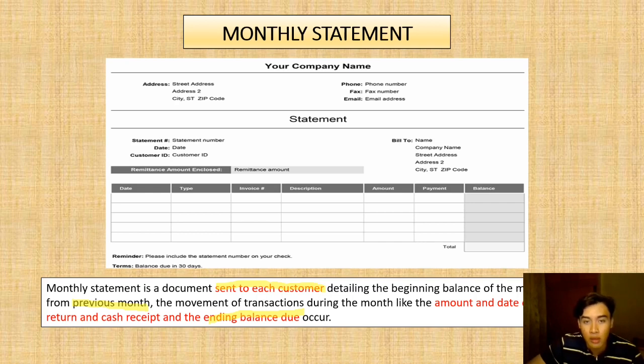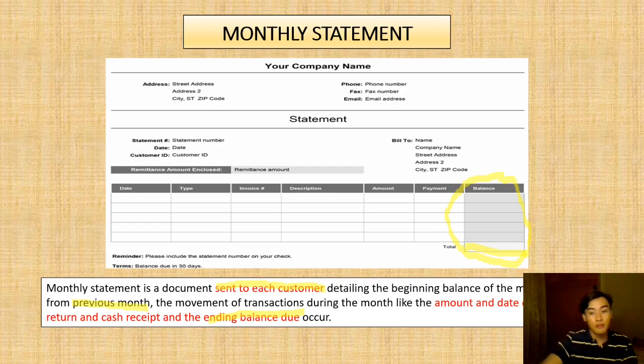Okay, so here we can see the date, the type, invoice, description, amount, payment, and balance. The balance here is very important for the customer to know how much they owe the company, so that they will pay the company the exact balance that is stated here at the top.